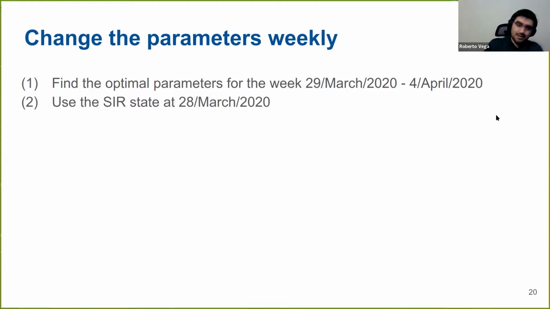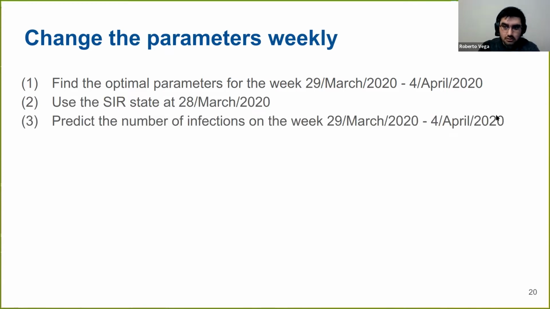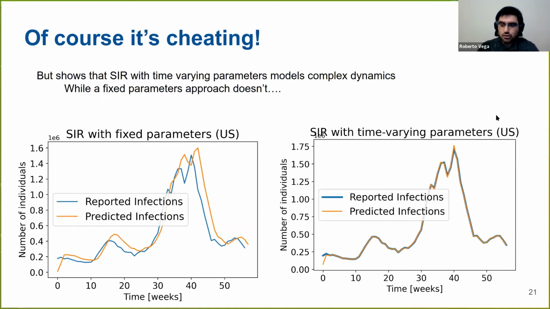Then we went back to the 28th of March and used those parameters to make the prediction. And then repeat that for the next week. Again, this is cheating from the machine learning point of view. But note the difference. If we do this, now we have basically a perfect prediction.